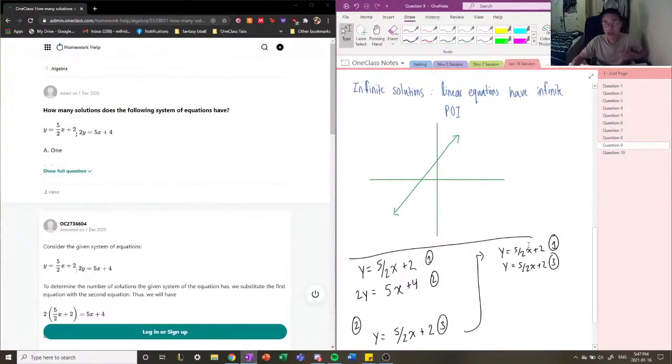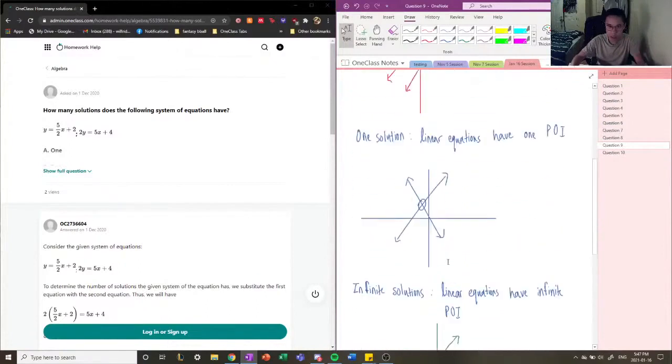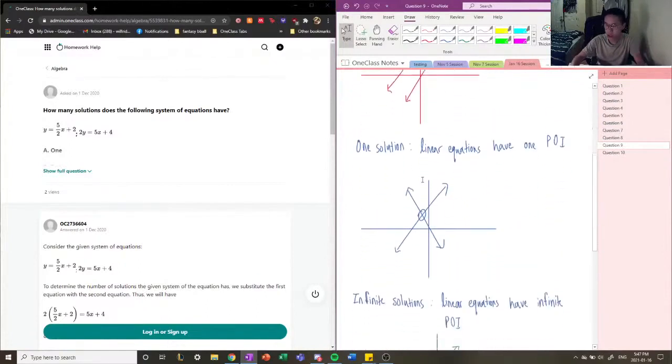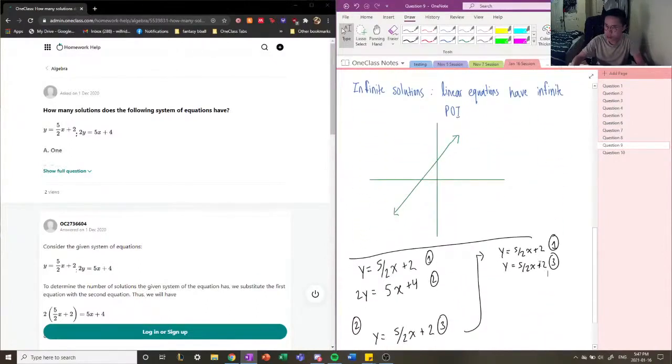So we know that in a system of linear equations, there are either one solution, zero solutions, or infinite solutions. And we know what that graphically looks like. Now, we see here that our system of linear equations, they have the same slope, right? So that means that they're parallel to each other, right? And if you look further, they have the same intercept. They're basically the same linear equation, right?